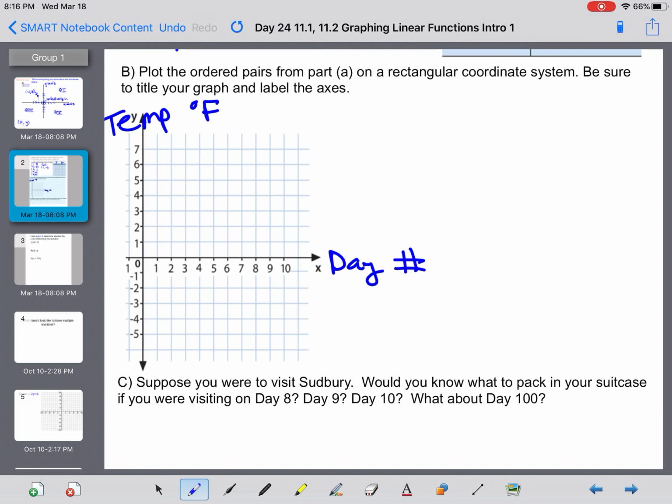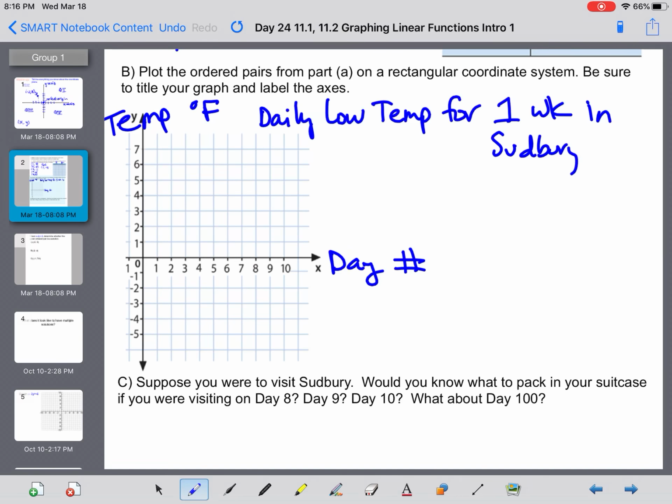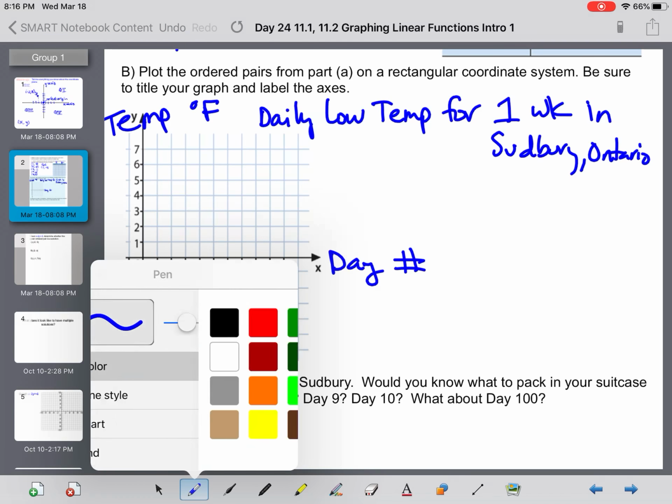And then our title, this will be a little bit long here, will be the daily low temp for 1 week in Sudbury, Ontario.